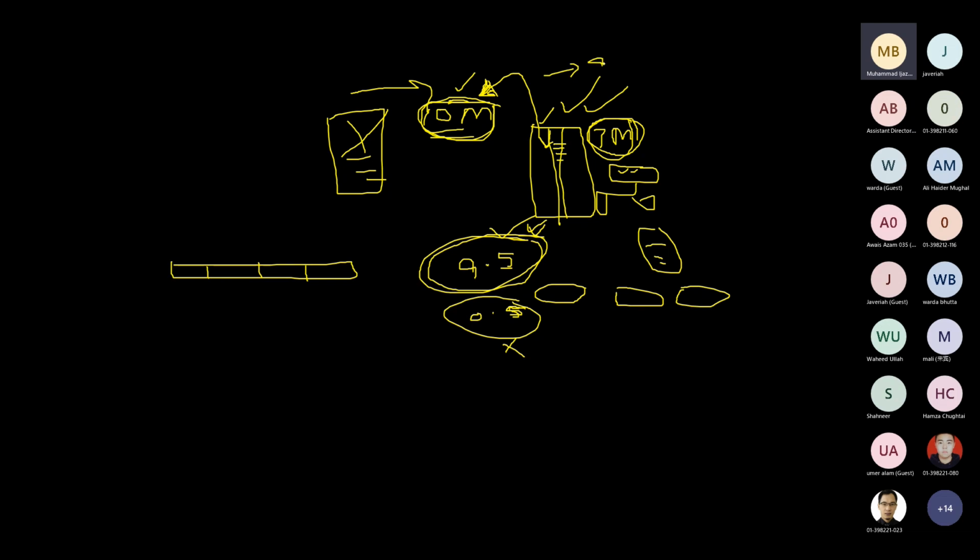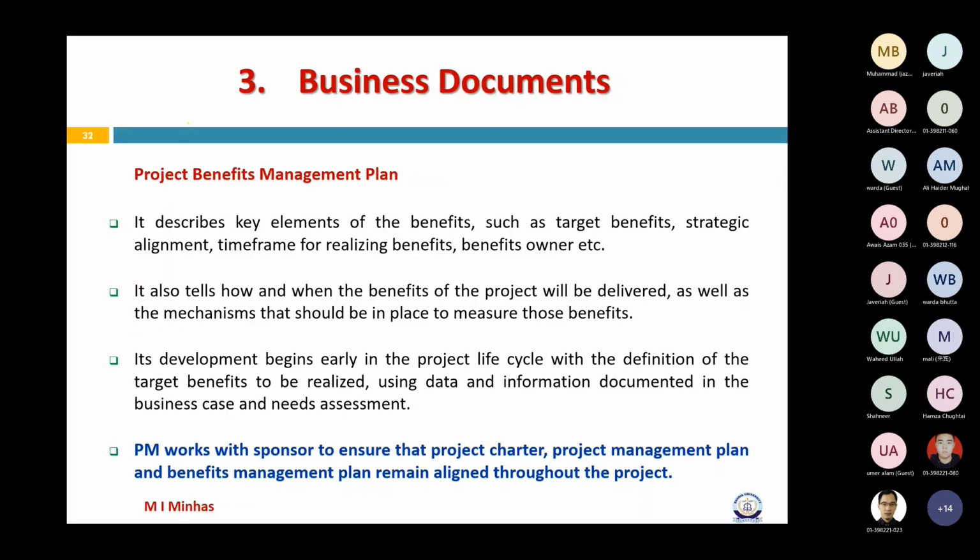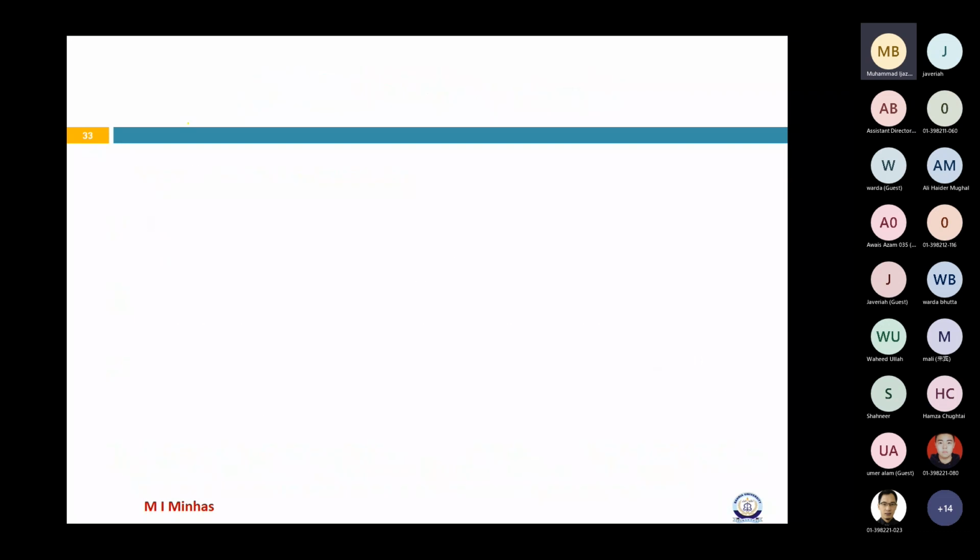But where would it be written that our sole purpose is profit, and that we are not going into contract with Bahria just to build our profile for future investments? If that is the case, this construction company may be happy with even 9.5 million. But from where would this information come to the project manager? From the business case. So these business documents should also be consulted.